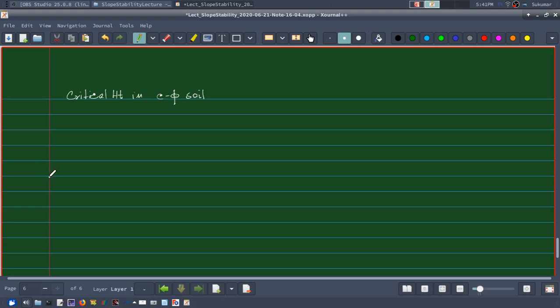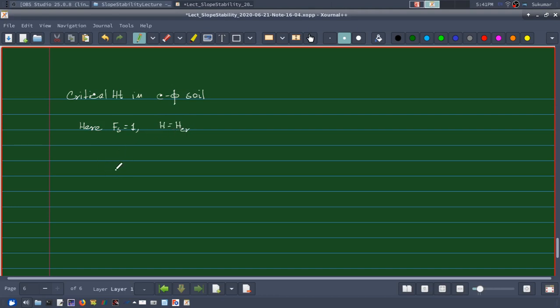So I will use the value of factor of safety as 1. So here, when the slope is critical, when I want to get that critical height, then I take Fs to be 1 and H to be the critical height, H critical say.